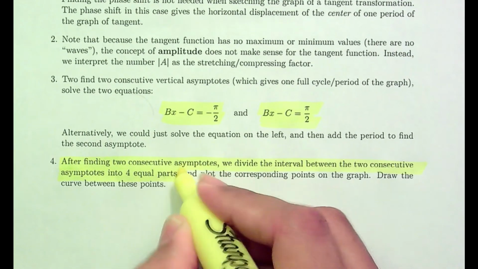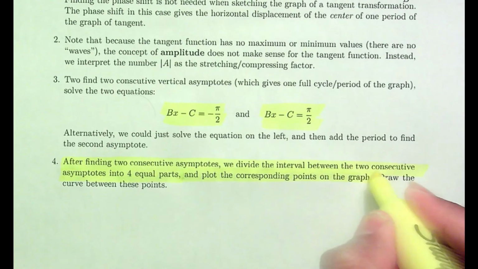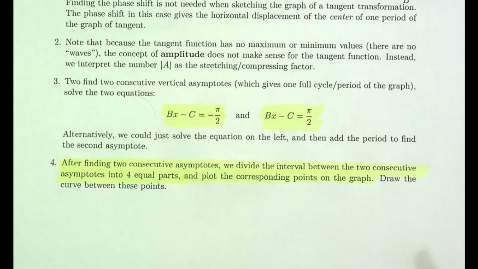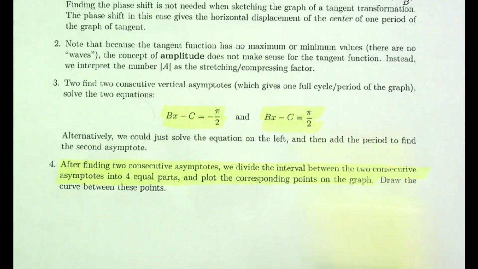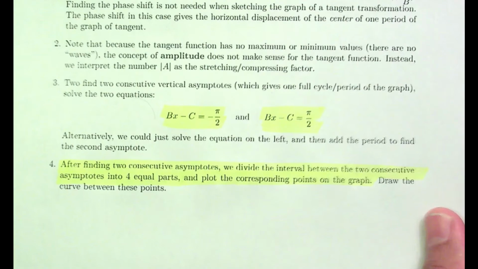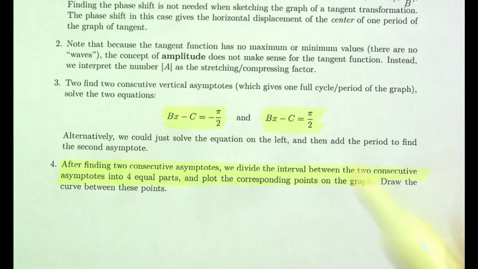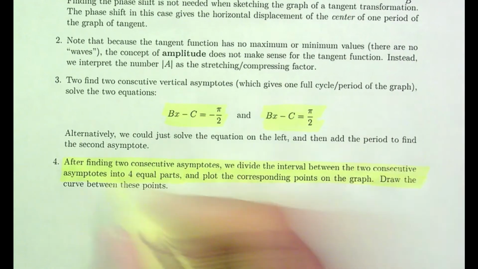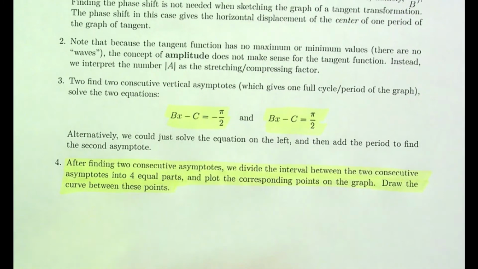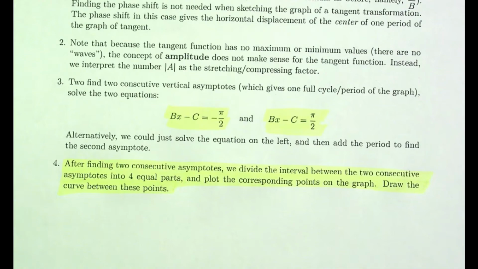Then you plot the points where they're supposed to be by doing times a plus d for the y coordinates. That is also the same as before. And then connect the points following the shape you know your graph is supposed to have.